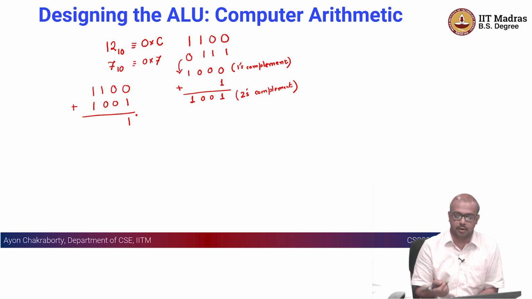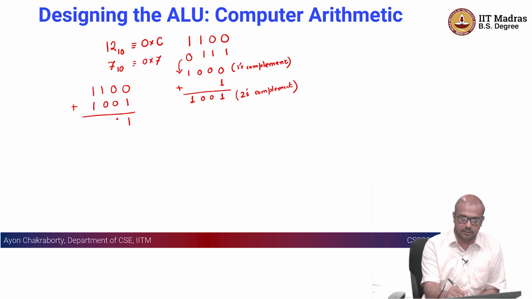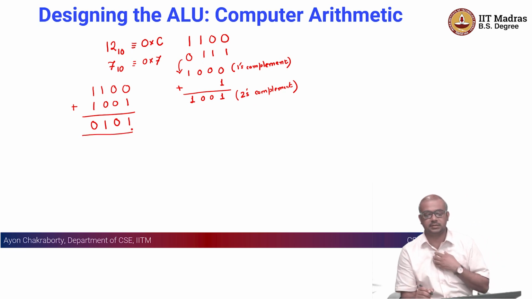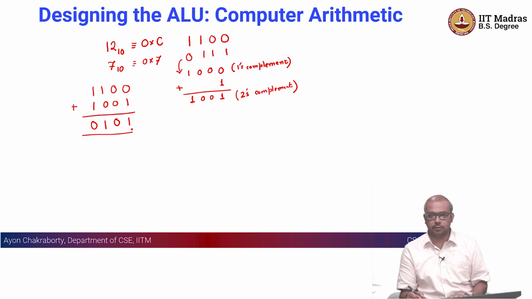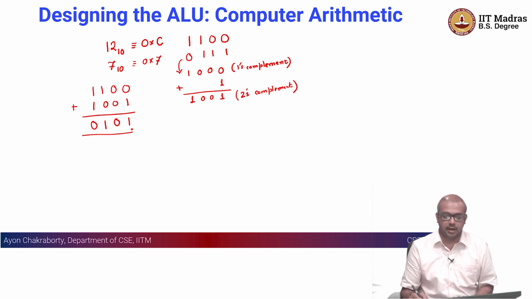I am going to show you one or two. So, this is 0, this is 1, and 1 and 1 is again 0, and then the rest you can ignore, because this is the output carry that goes out of the system. So, here you can see the answer is 5, but not just 5, it is plus 5, right.